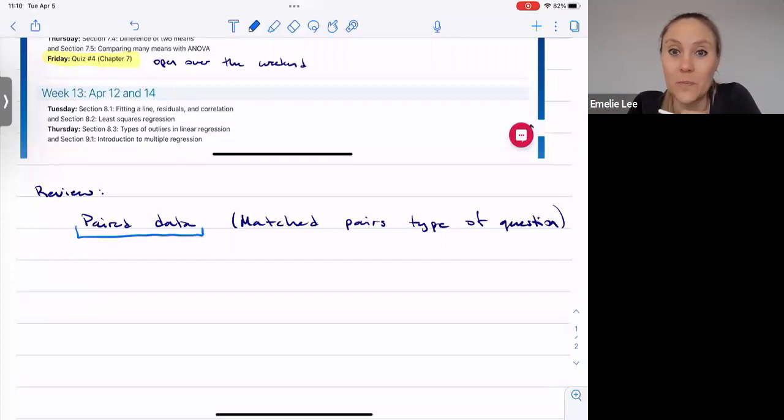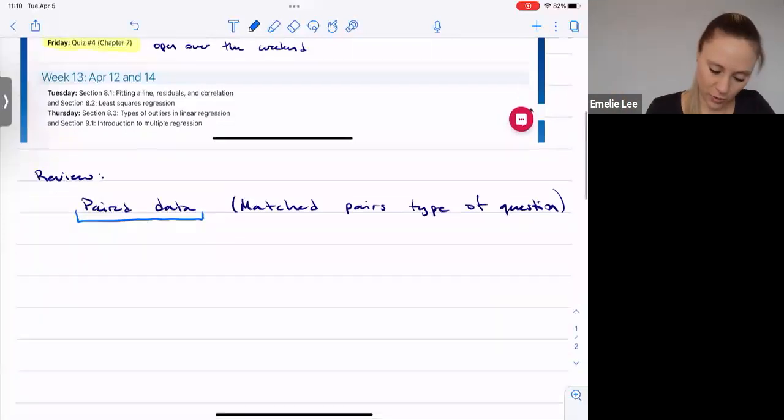Even though I have 2 samples, imagine your spreadsheet: you have a column and a column. Each column is going to be a sample, and those columns are naturally paired. Then you have this paired data situation.